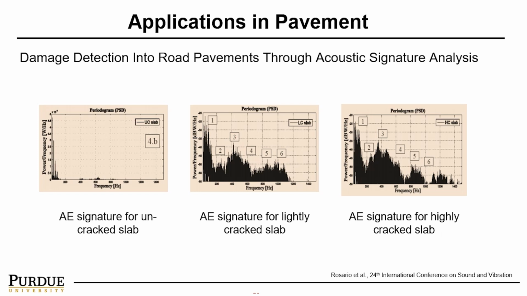As you can see by looking at this power output versus frequency curve for the uncracked slab, other than your very prominent resonant frequency, and on the higher frequency side, there is no AE signature. However, for the lightly and then heavily cracked slab, we can see a very clear acoustic emission signature.